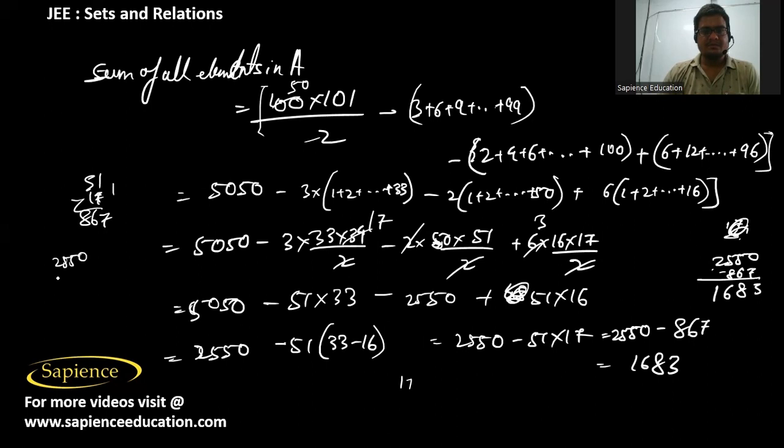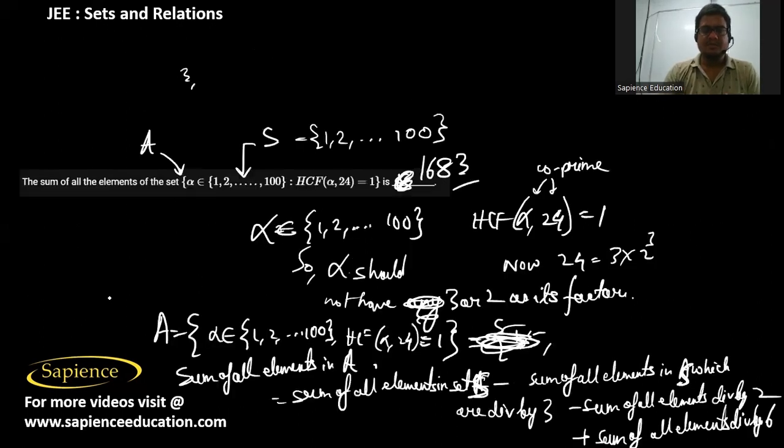So 2550 minus 867. So this will be 1683. Okay, 1683.